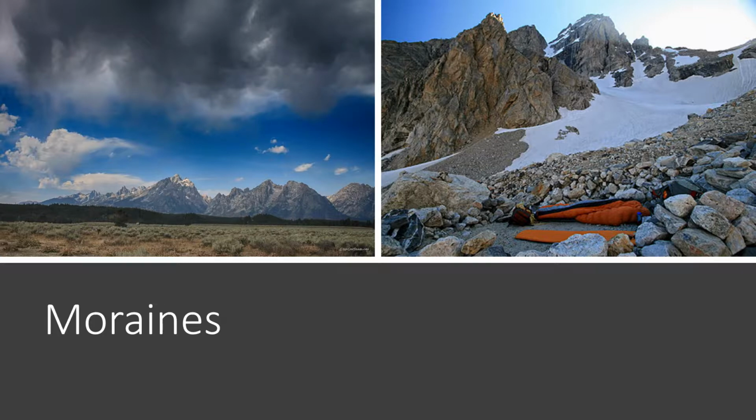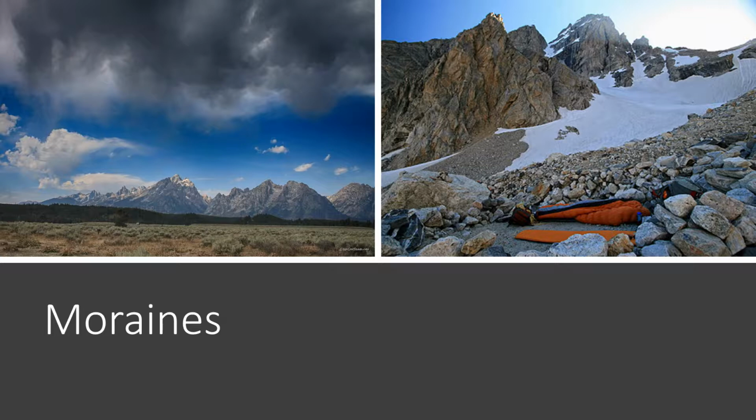So one of the things that you'll see in a landscape, which is evidence of past glaciation, is a moraine. So at the time when Yellowstone and Grand Teton national parks were covered in these ice sheets, they were thousands of feet thick.